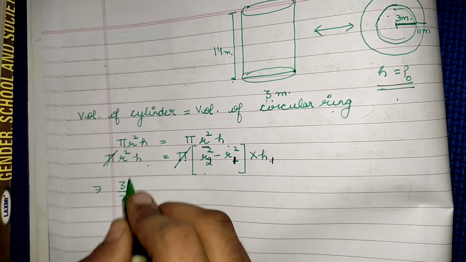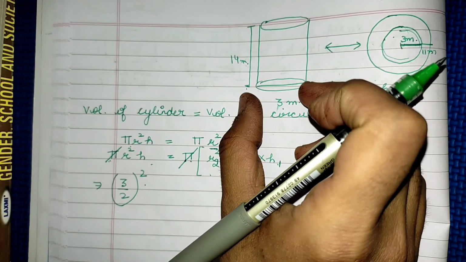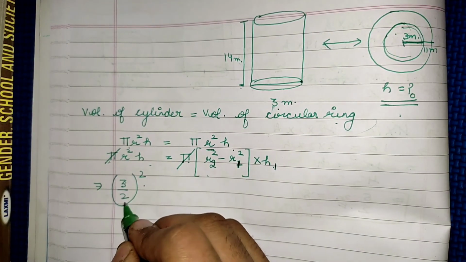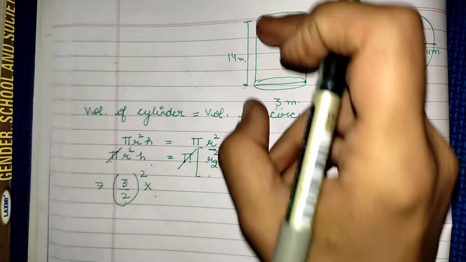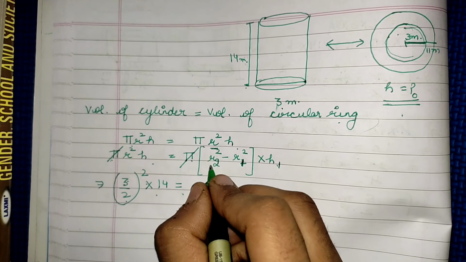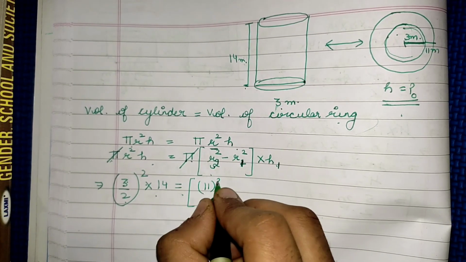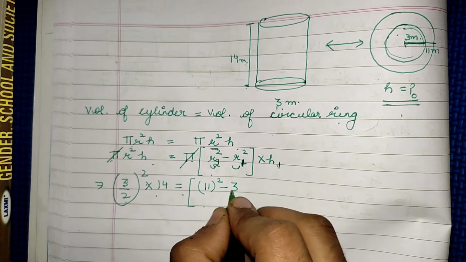So radius of this cylinder will be equal to what? Because diameter is given to us 3 meter, so radius will be 3 by 2 into height is what? Height is given to us equal to 14 meter is equal to r2 is what? R2 is my 11 square minus r1 is what?